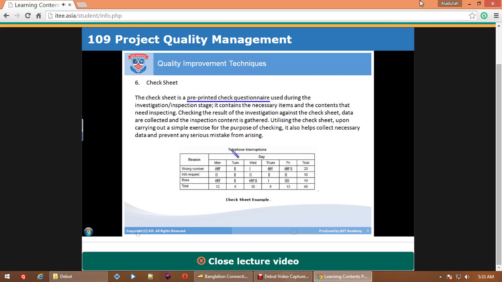This check sheet investigates the telephone interruptions and the causes for them in the weekdays. For example, reasons are wrong number, information request from boss, and the weekdays are also listed here. And we are gathering the data for each reason in this example.